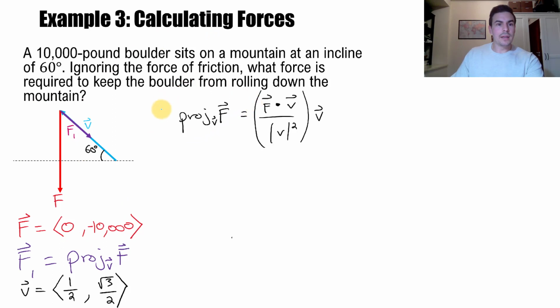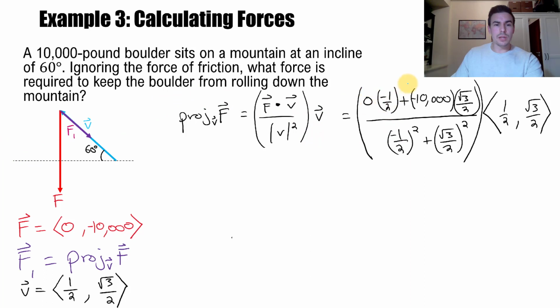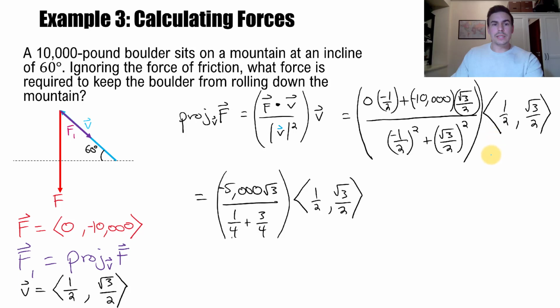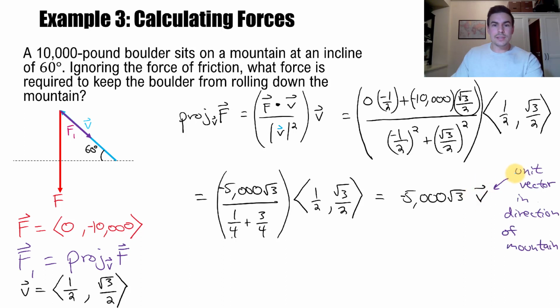Let's go ahead and find the projection of F onto V. Again, that is what F1 is, and when we can find that, then we'll be able to know our force here. So we have everything we need. We just got to plug in F dot V, and then our magnitude of V squared, and all that times vector V. And when we simplify what we have here for our scalar, we end up with negative 5,000 √3, times vector V. Now, I'm not worried about this vector V, again, because this is just the unit vector in the direction of the mountain.